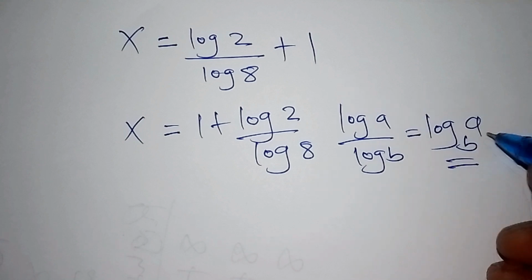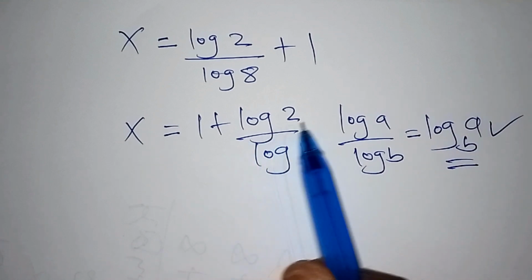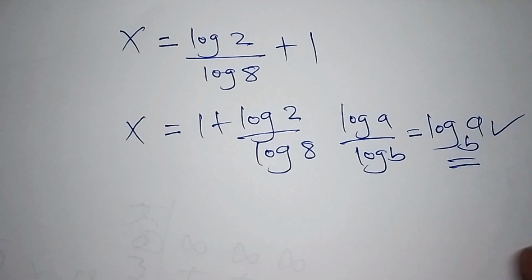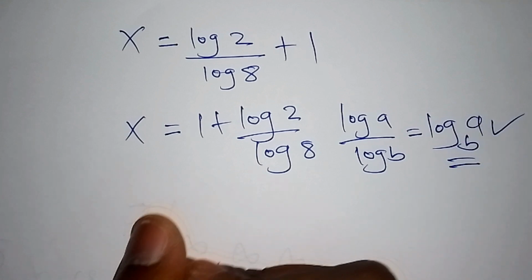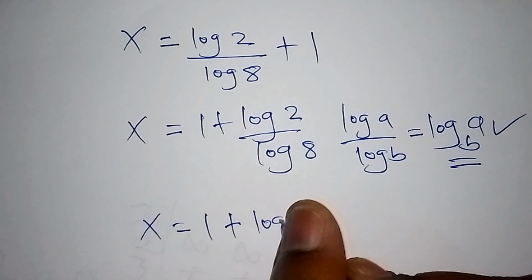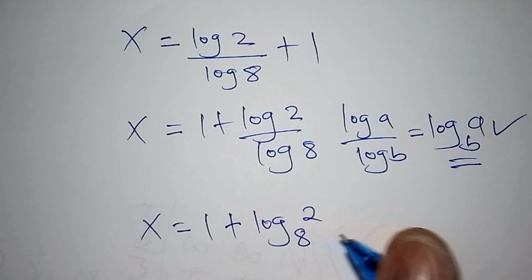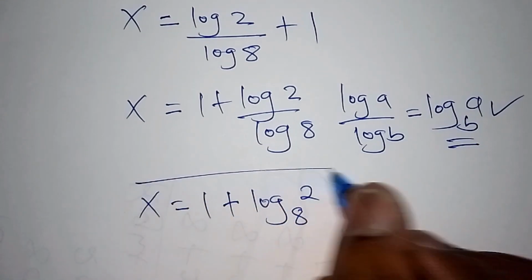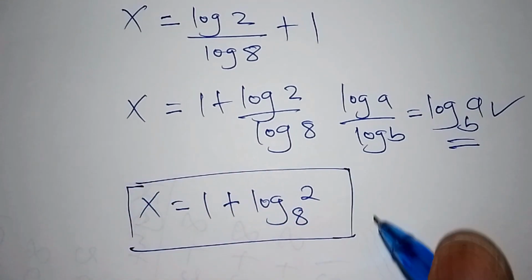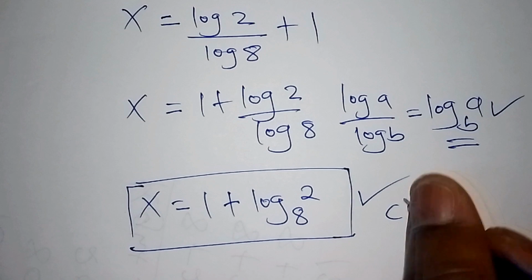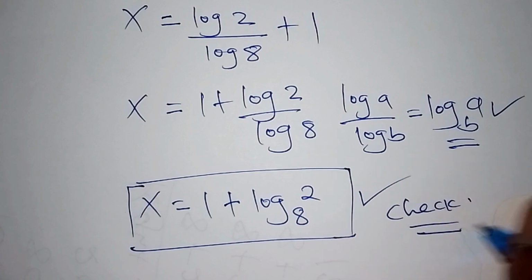So I want us to rewrite the log of 2 all over the log of 8 in the form of the log of a to the base of b. So x equals 1 plus the log of 2 to the base of 8. This is our value of x. If you happen to get this as the value of x, you got it in the correct way.